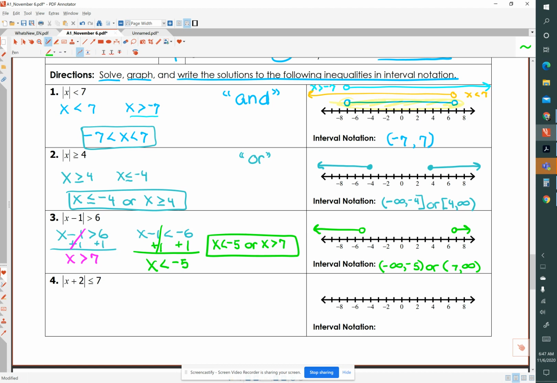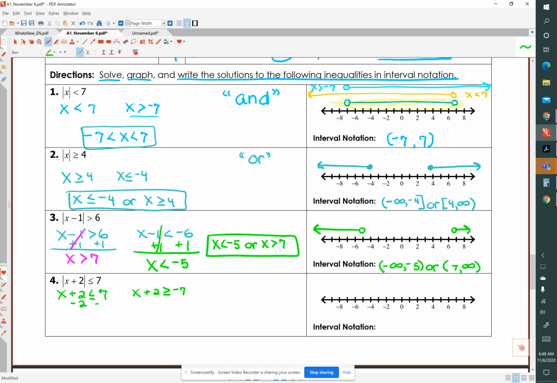How'd you do? Okay, again, let's make two cases. x plus 2 is less than or equal to 7. In our second case, x plus 2 is greater than or equal to -7. Let's solve those.